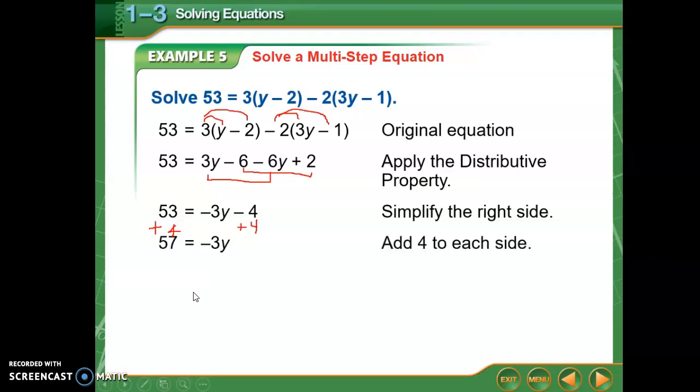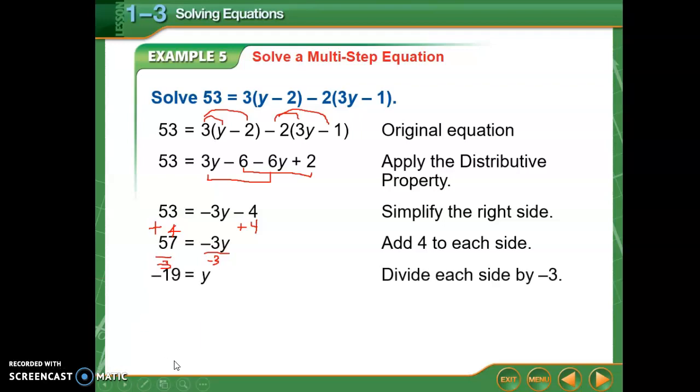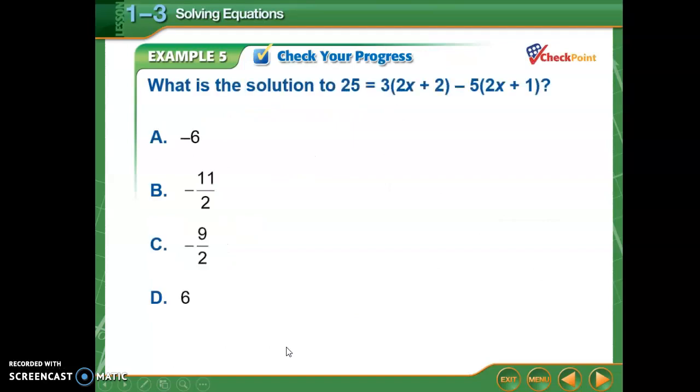So you will get 57 equals -3y. And then divide both sides by -3. So your final answer is going to be y equals negative 19. Okay?